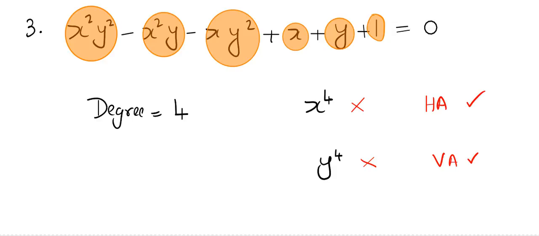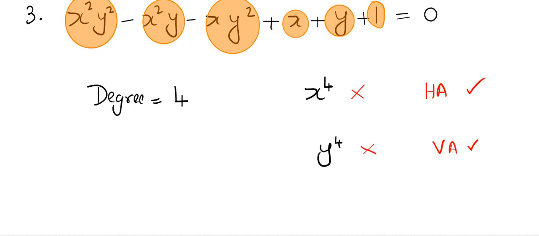Now tell me, how do you find the horizontal asymptotes? Very easy. You go for the highest degree terms in x. I'll underline with red. I can see that the highest degree term of x is x square, here and here. The remaining are smaller degree terms of x.